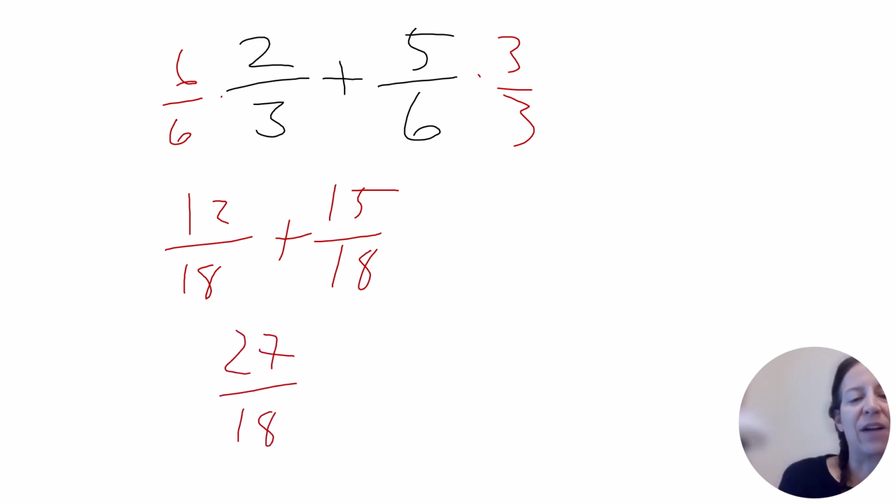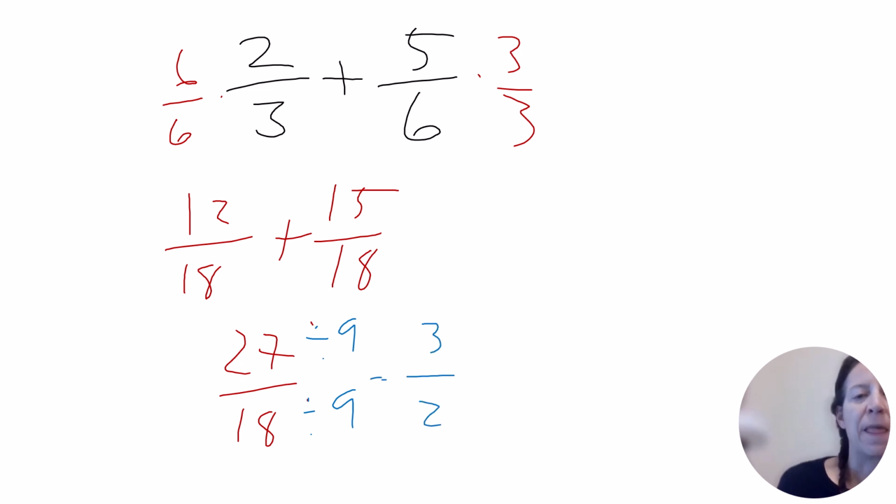Okay, and then that could be simplified because those are both divisible by 3. So we could divide by 3, and that gives us 9. Oh no, we could do 9. Sorry, I didn't even pick the biggest number there. Just kidding. Okay, so we could divide by 9, and that would simplify to what?